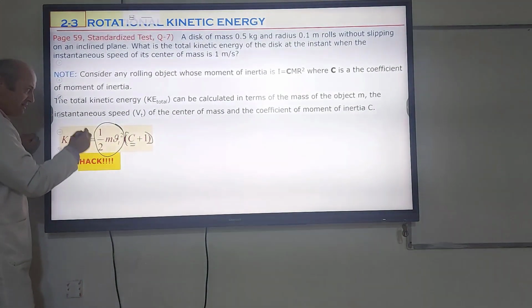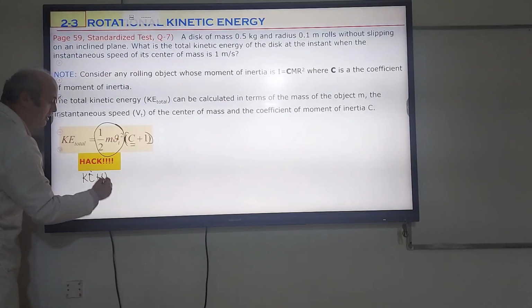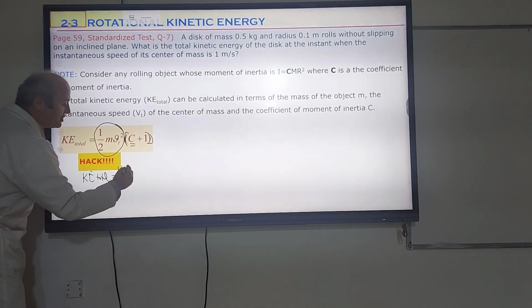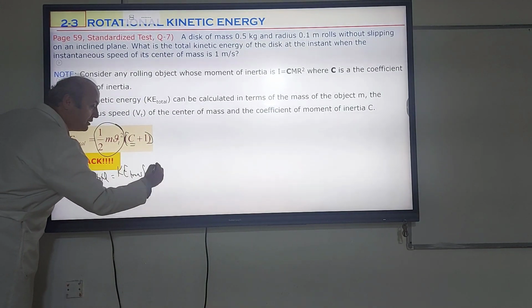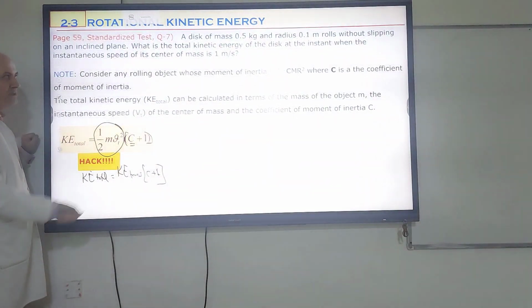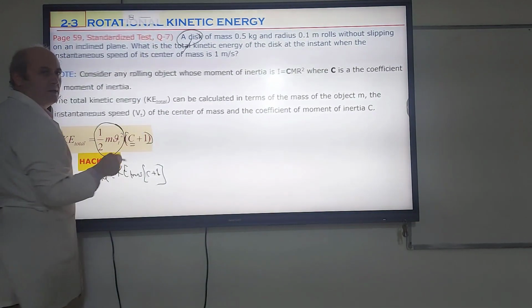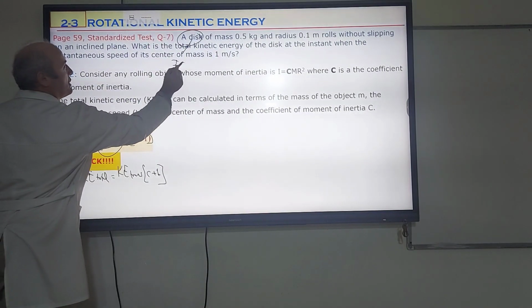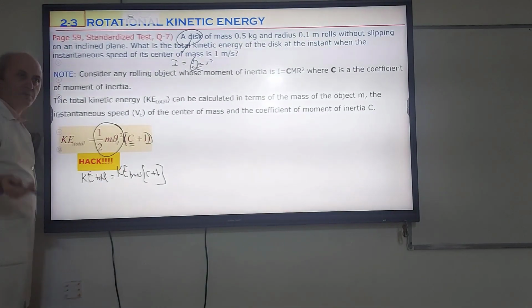If I write this again, I can write it like this: total kinetic energy is equal to translational kinetic energy multiplied by C plus 1. What is C? The moment of inertia coefficient. For example, for this, what is C? Right, the moment of inertia equation has 1 over 2. This is C. For any shape it is different.